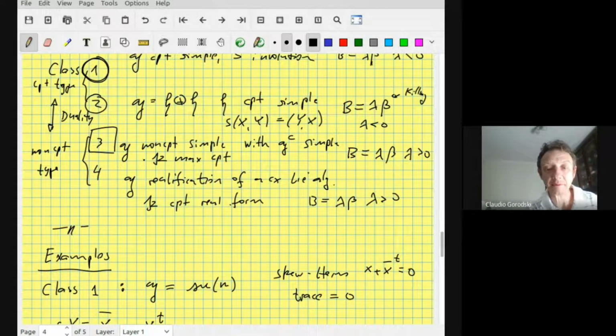So irreducible symmetric spaces in class 3 are in bijection with real non-compact simple Lie algebras.